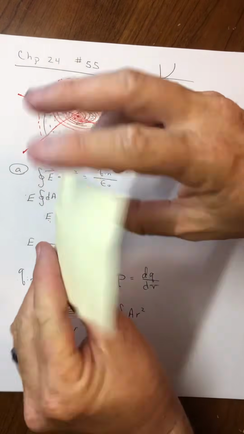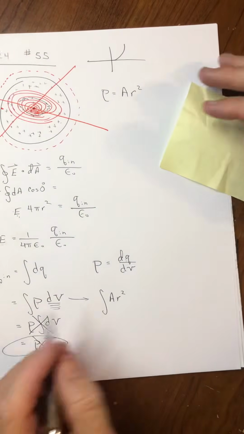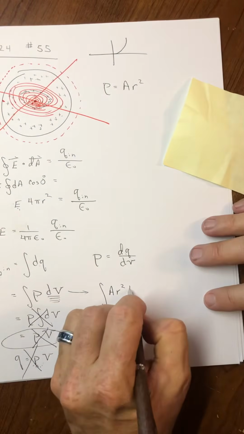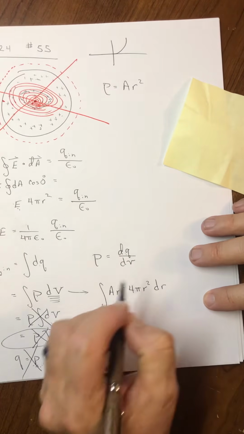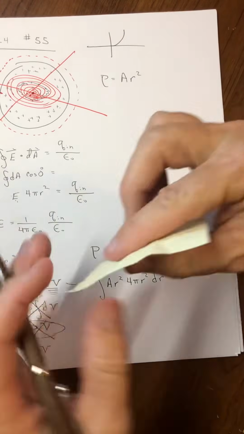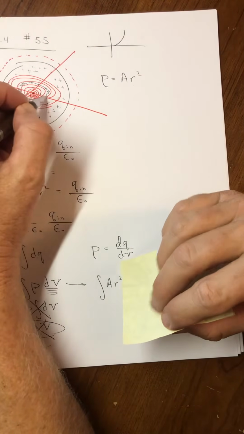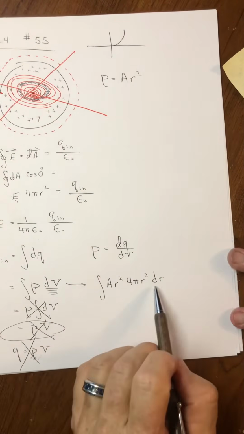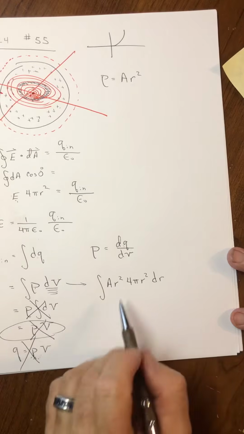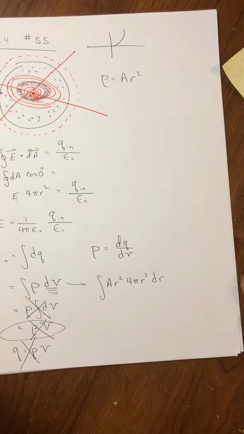Now, the area would be the surface area of the shell of the sphere, so that would be the 4 pi r squared. And the thickness of it, thinking in terms of calculus, would be this dr. And so that's how I transfer this dV into a dr.